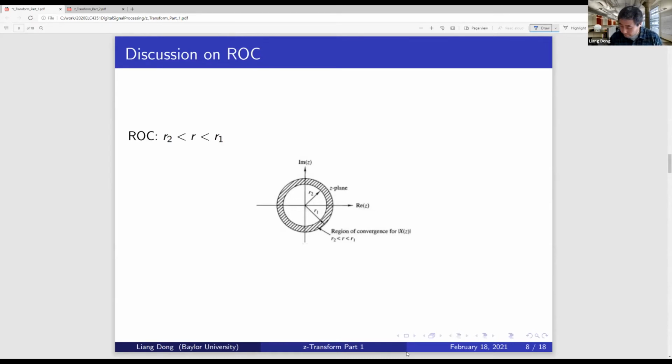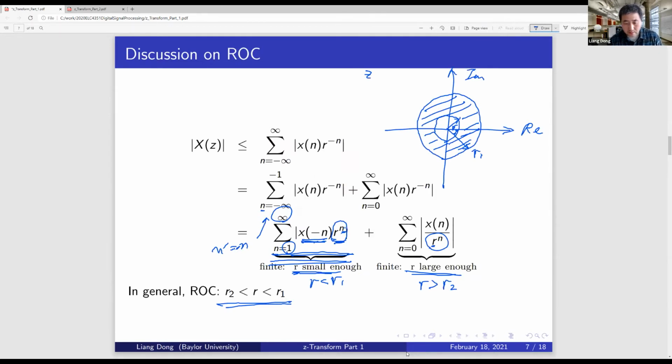Now, you probably will argue, what about R2 and R1? What happens if I have two numbers, but R2 is greater than R1? Is that possible? Well, that is possible, because all you do is use the left-hand side to pinpoint this number R1, and you use this side to find number R2.